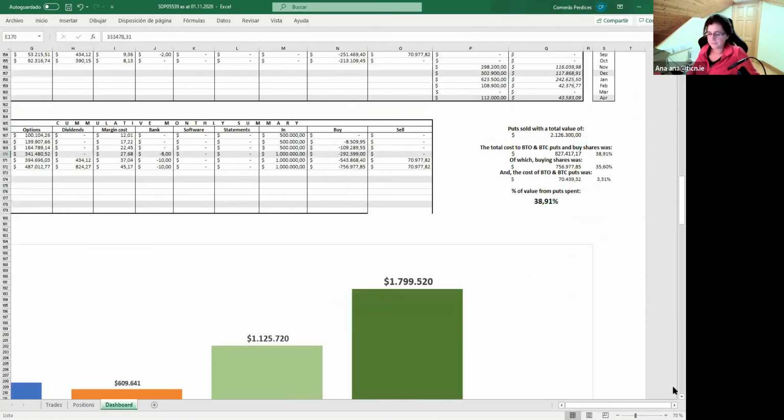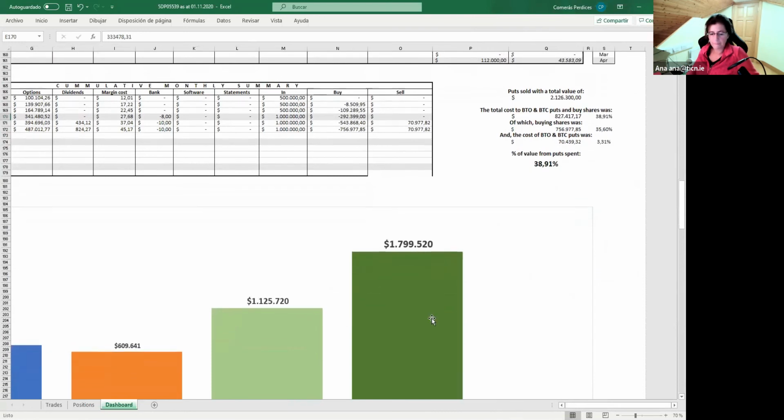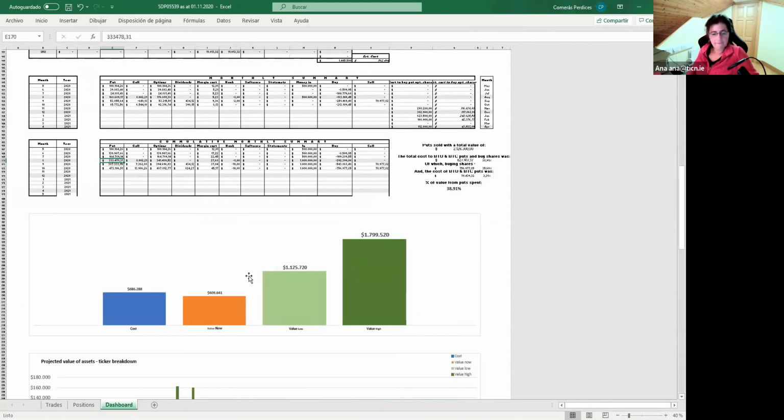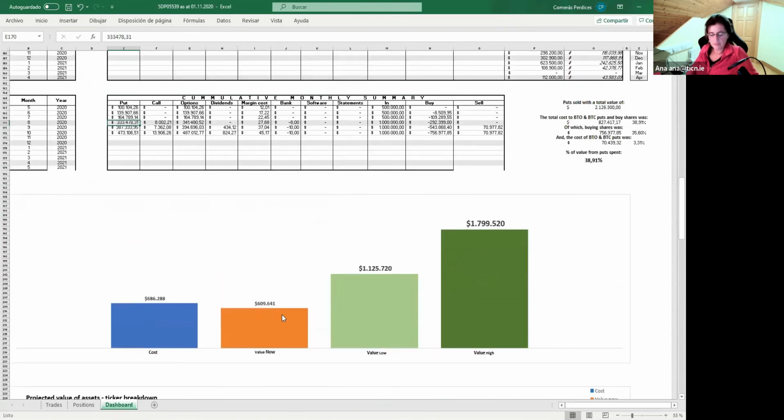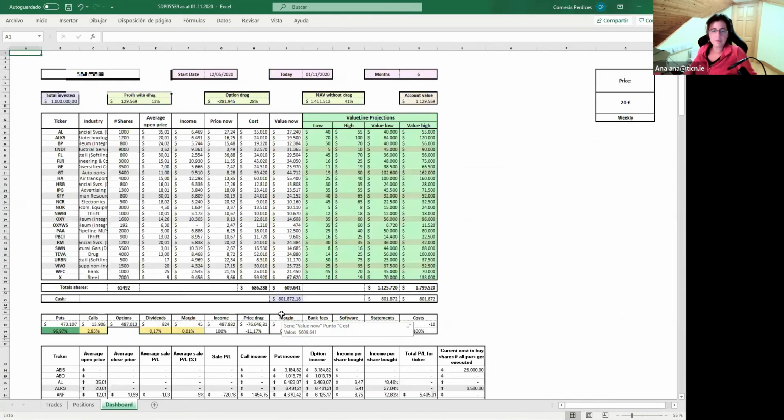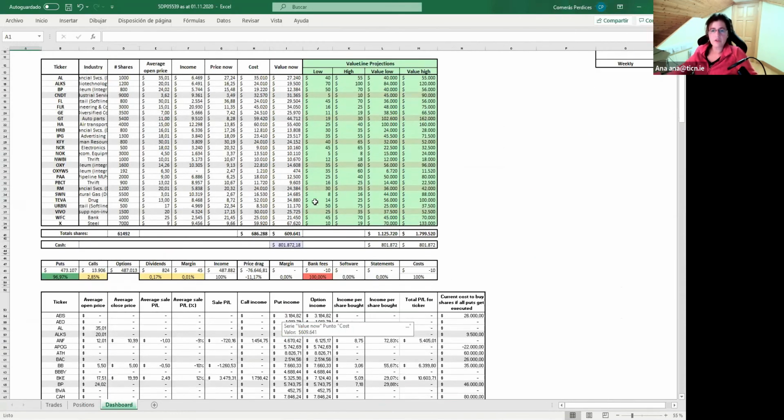Underneath, what we have here, the first graph is, I'm going to go up first to refresh your minds. We have here the cost of buying all the shares, and this is what it is.